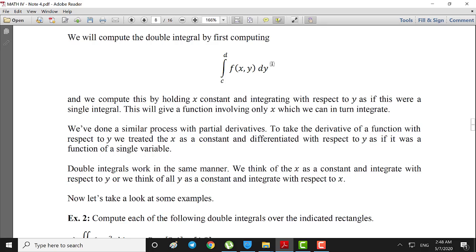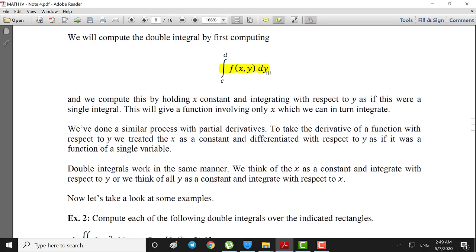Okay, so please pay careful attention: when we want to calculate the value of this inner integration, integration from c to d of f of x and y dy, when y is changing, we treat x as a constant.